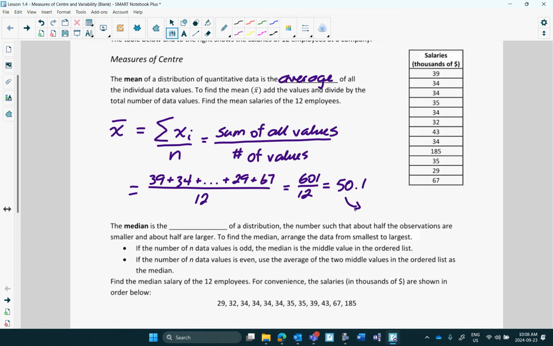Units are very important with mean and median. So you could say 50.1 thousand, or you could say $50,100, either one of those.